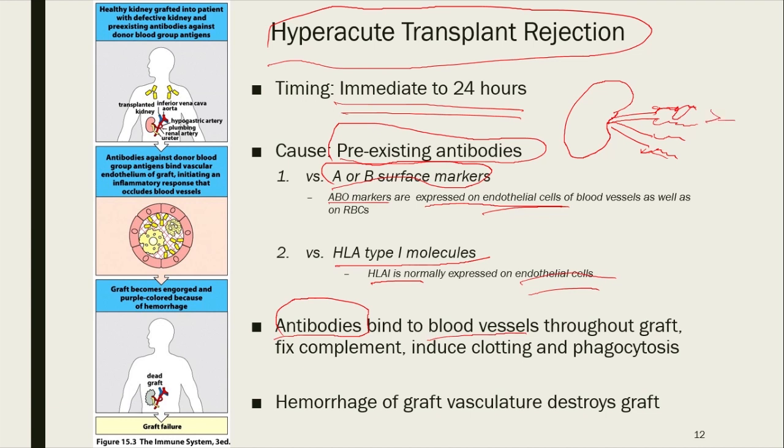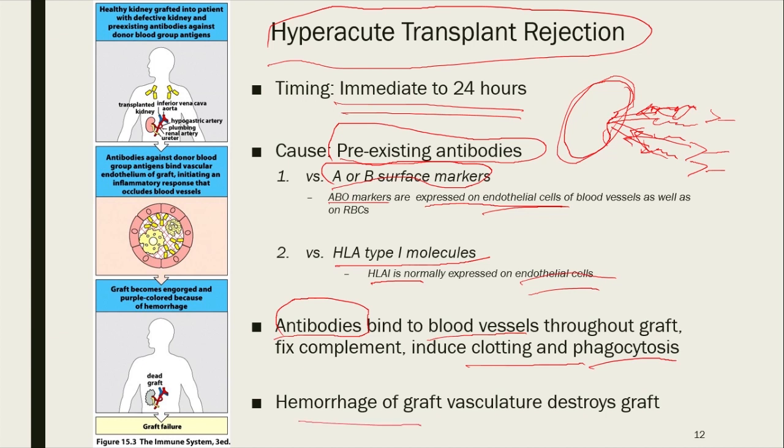So you have antibody going in and attacking the endothelial cells in the blood vessels, as well as some of the tissues on the transplanted organ. So the immediate effect is leading to clotting, okay, and phagocytosis and hemorrhage.